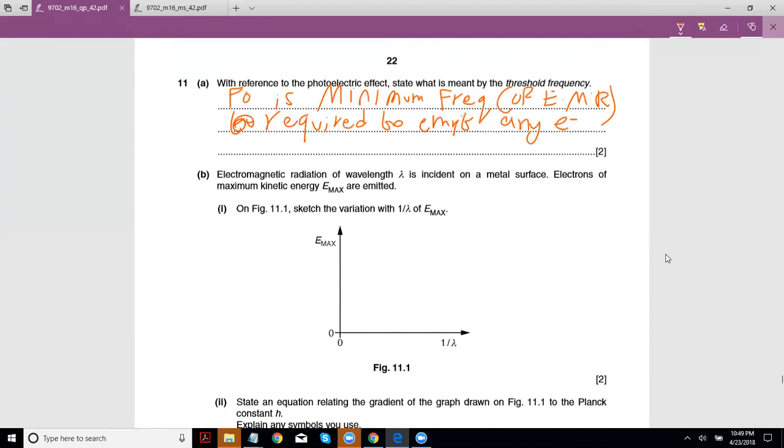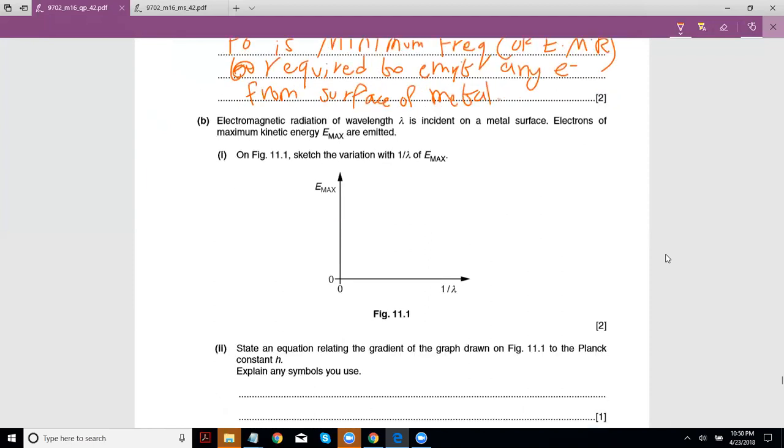So f0 is the minimum frequency required to emit any electron from the surface. If it's within the metal, then you need more frequency than that, and the concept of work function links in. You bring it to the surface and then it emits.